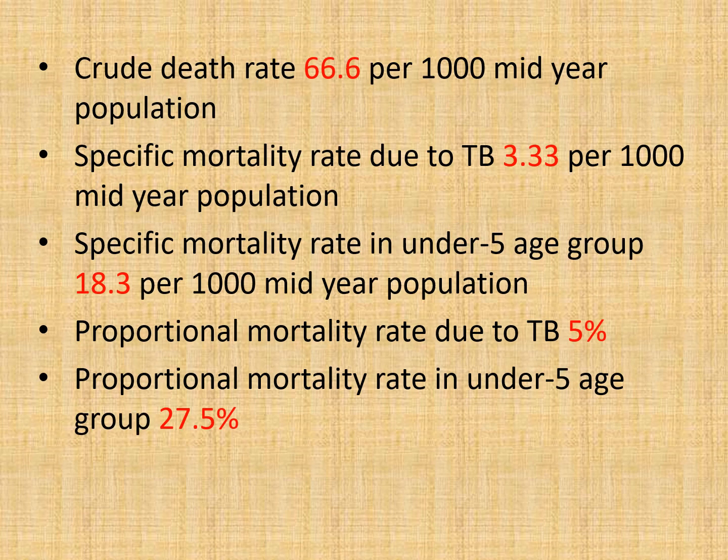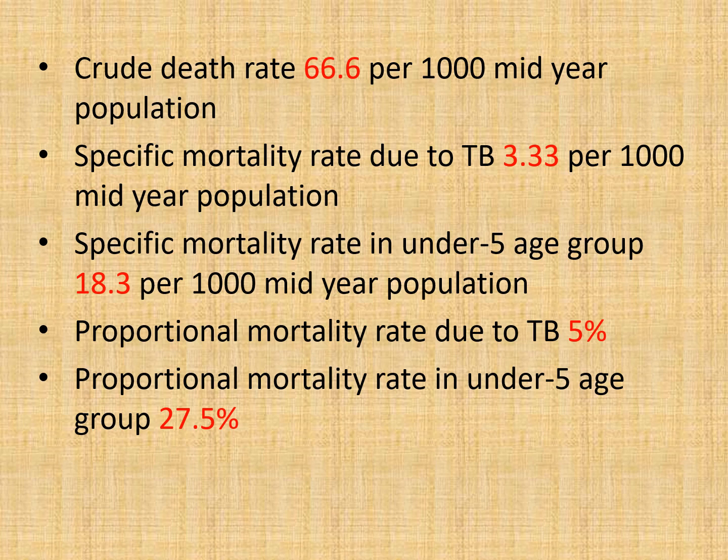Putting all these values, the crude death rate is 66.6 per thousand mid-year population. Specific mortality rate due to TB is 3.33 per thousand mid-year population. Specific mortality rate in the under 5 age group is 18.3 per thousand mid-year population.